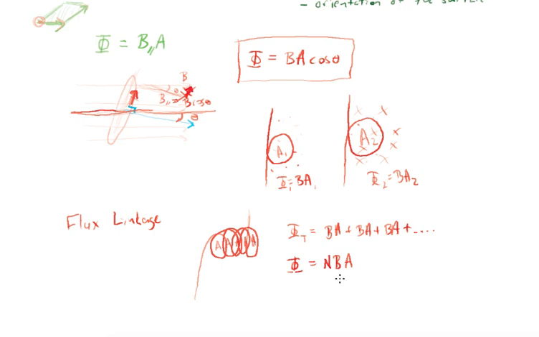Okay? So ultimately the total flux is just N times the flux of a single loop, if all the loops are the same size, right?